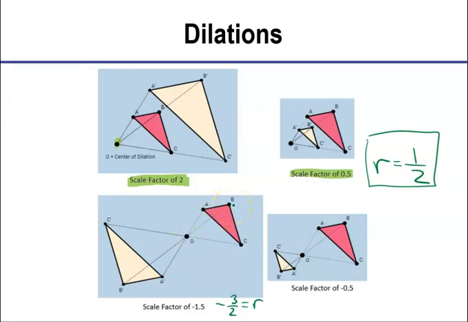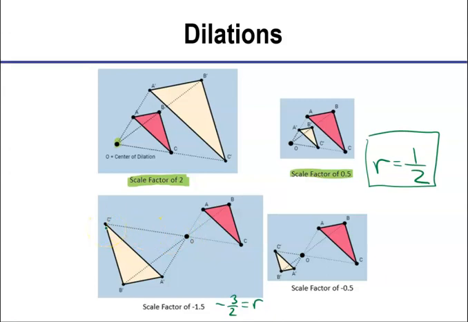So negative O to B is going to go backwards to negative 3/2 in that direction. And then the distance from O to C is considered 1, and then we go the opposite direction along the same line, collinear. We're just going backwards. That's what the negative is. And that distance is going to be 1.5 times this way.